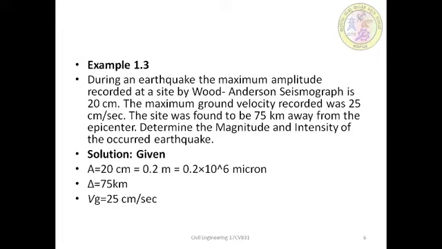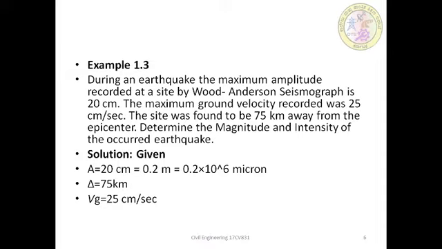And the site distance, which is delta, is 75 kilometer, you just put it as it is, and the Vg, that is the velocity of the ground, is 25 centimeter per second.